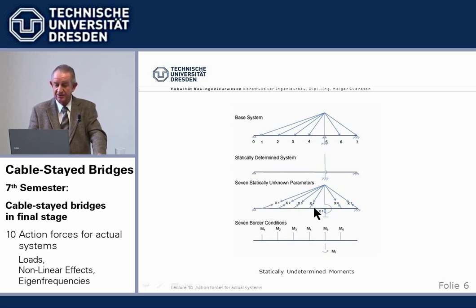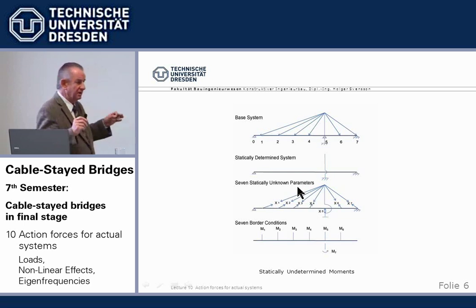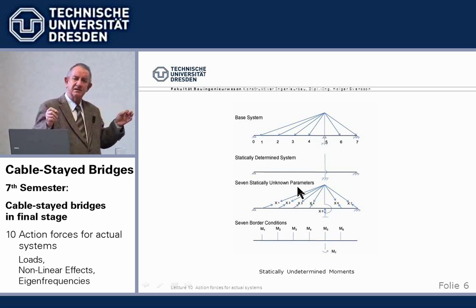We can cut the cables and remove the support, so we have a system with 7 statically unknowns. And now, as we all know, we can choose freely as many action forces or geometry as we have statically indeterminates.